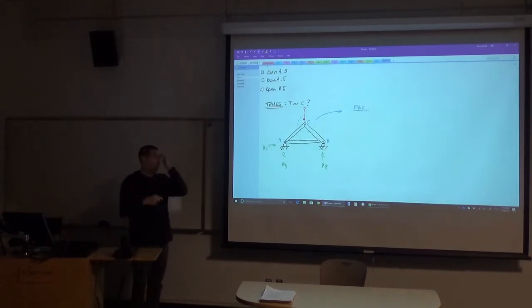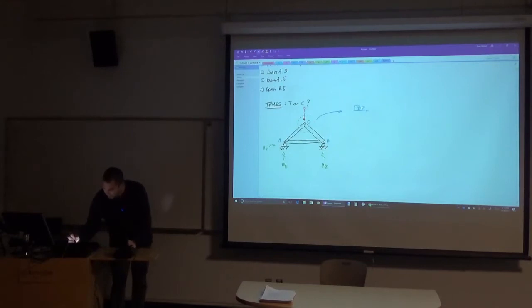We talked about particle equilibrium before we even started talking about moments way back in like chapter 2. And all that I'm doing is I'm making a section cut around this, and then I'm going to draw this joint C as an idealized single point in space, so I can draw that on my free body diagram right here. I'm going to call that joint C just a single particle.